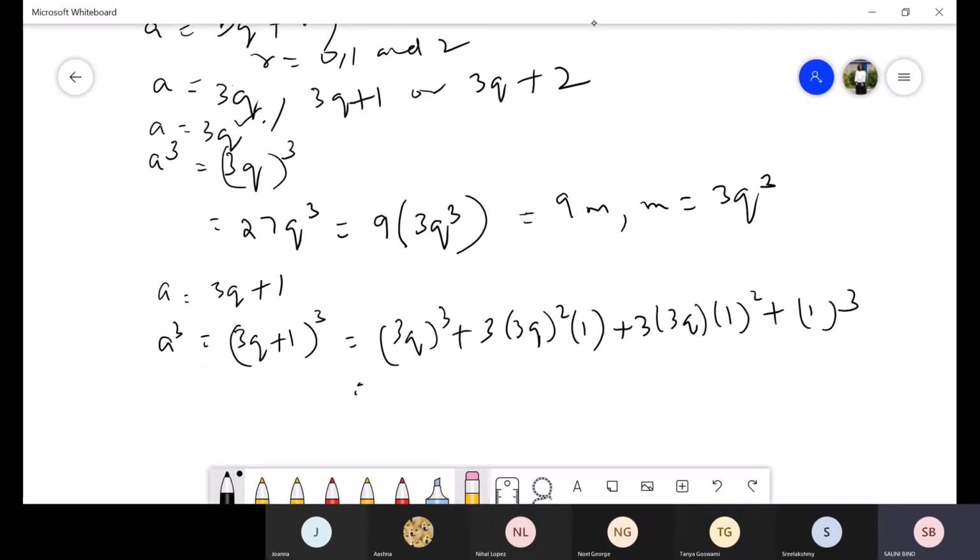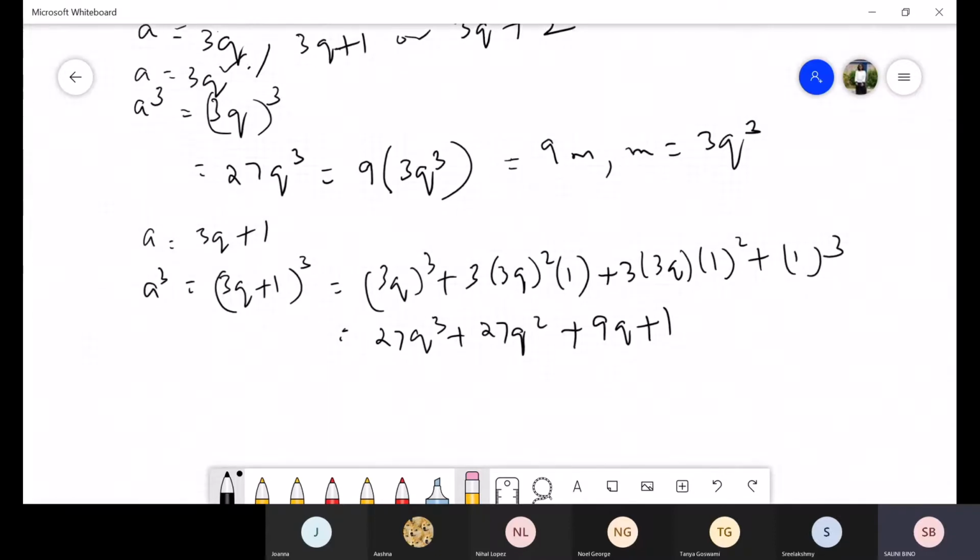So 3 cube means 27q cube, 9 into 3 again 27q square, 3 into 3, 9q, plus 1. Now what is my aim? I need either 9m or 9m plus 1 or 9m plus 8.